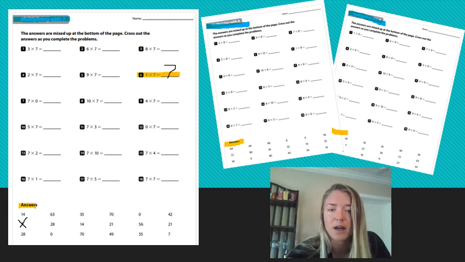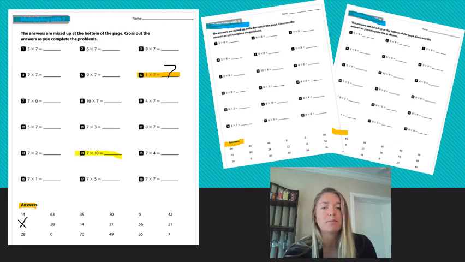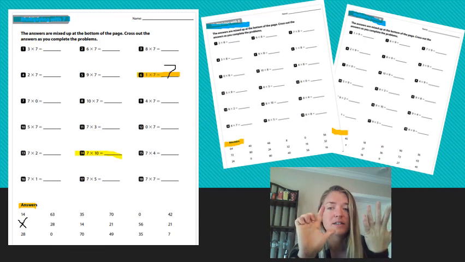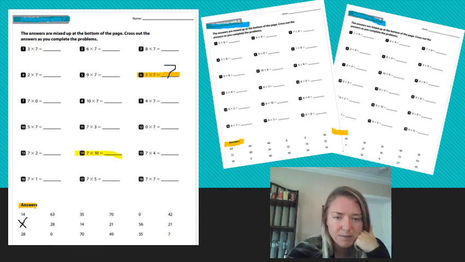Let's try another one. We'll do number 14. We'll do 7 times 10. I'm going to solve this one by skip counting. 10, 20, 30, 40, 50, 60, 70. I skip count 7 times and I got 70 as my answer.